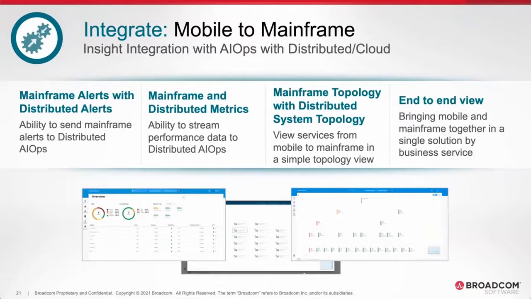It means we want to share mainframe metrics as well as consume distributed metrics. And same thing for topology, right? A topology that is segregated just to mainframe or just to distributed is not all that helpful if you're actually trying to trace where a problem originated from. So being able to tie those two topologies together, again, by sharing information and consuming information, we make that possible to provide that end-to-end view.